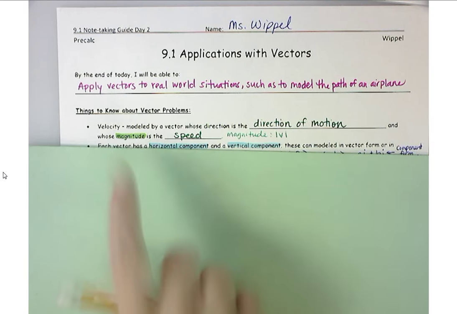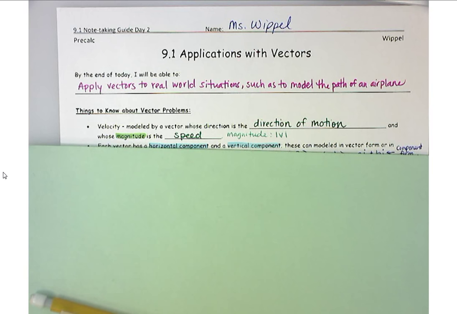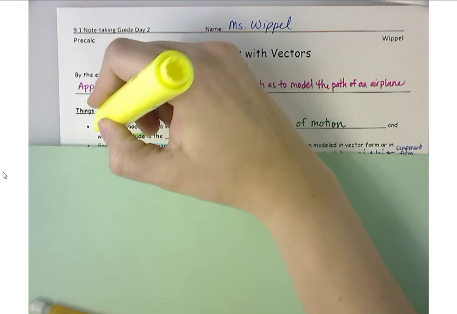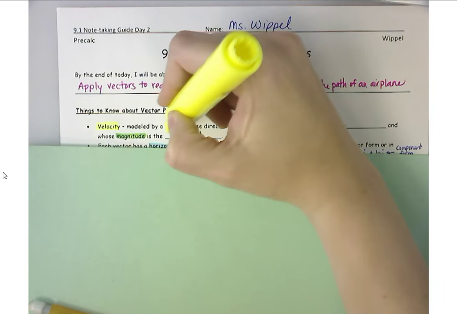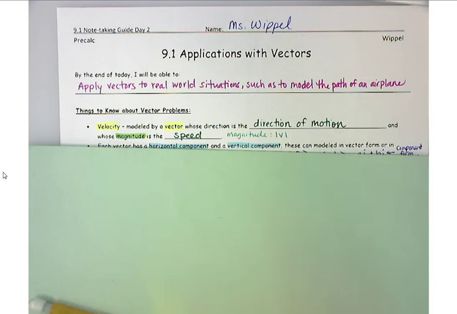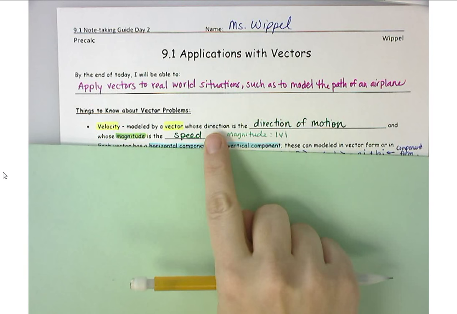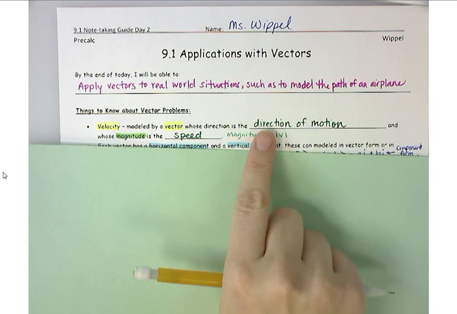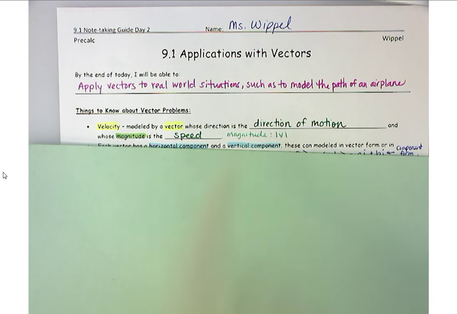So the first thing is velocity. Velocity is going to be modeled by a vector, and that's because velocity has a direction, and it's going to be the direction of motion. So wherever the airplane is flying, or if we have a boat where the boat is going, that's going to be your direction of motion. Now the magnitude is going to be the speed.